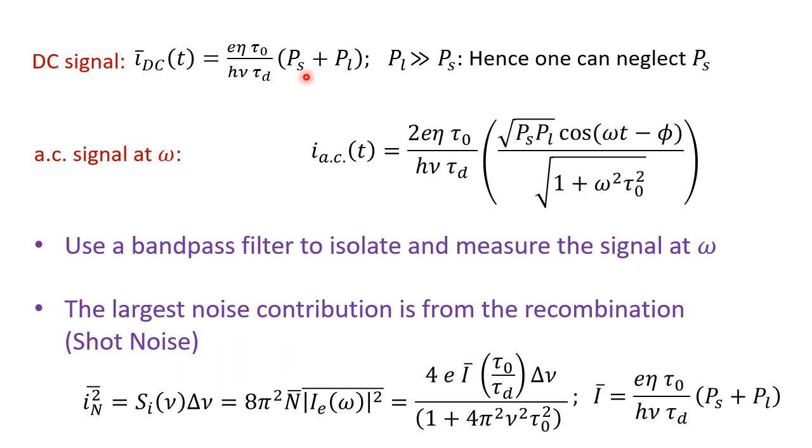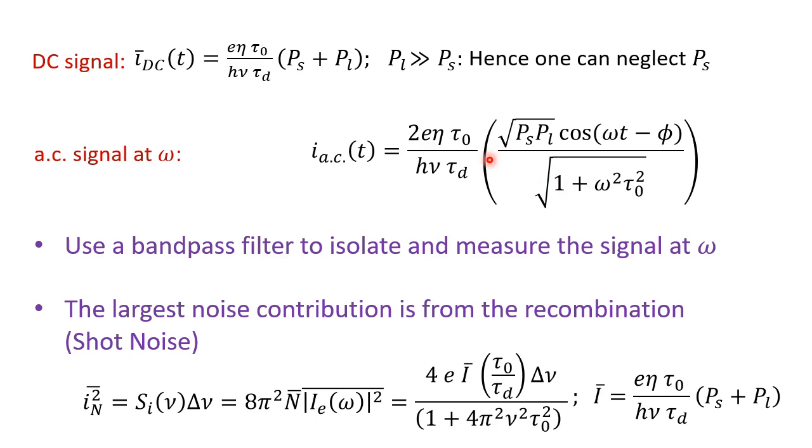You see that my signal is much smaller than my local oscillator, so I can do this, right? This is my DC part of the signal, and my AC part of the signal is simply this other mixed term, which has got the cosine omega t dependence. So the ES times EL is simply square root PS PL, right? And this is all real, so I can rewrite this in this fashion.